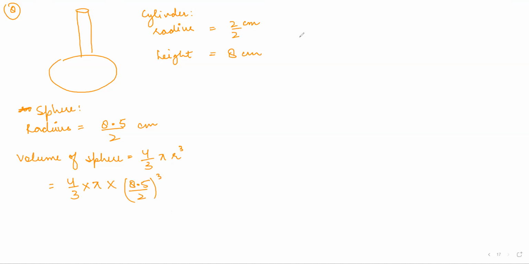And about the cylinder, volume of cylinder, which is pi r square h. So pi into r is 2 by 2, that is 1, right? And height is 8 centimeters, so centimeter cube. This is also centimeter cube. So this is simply 8 pi centimeter cube. Is that okay?